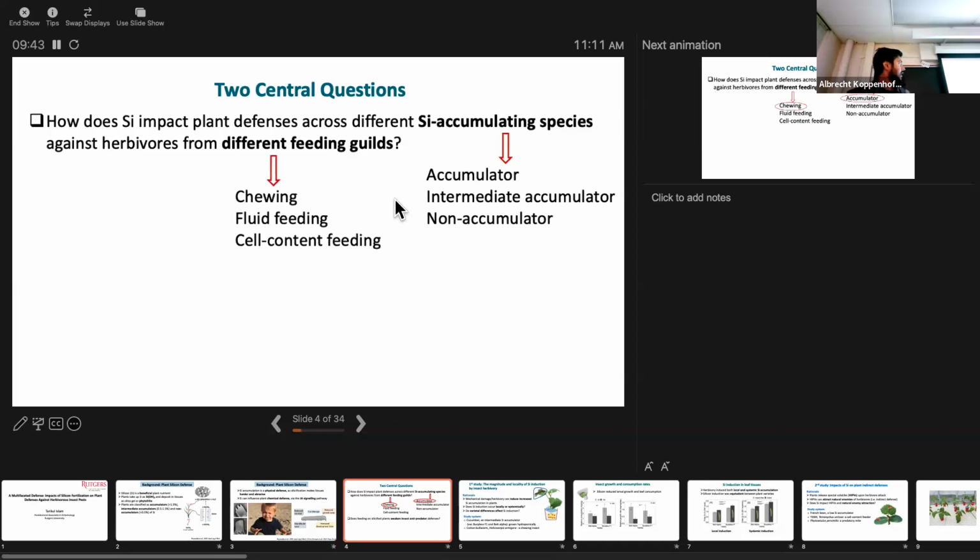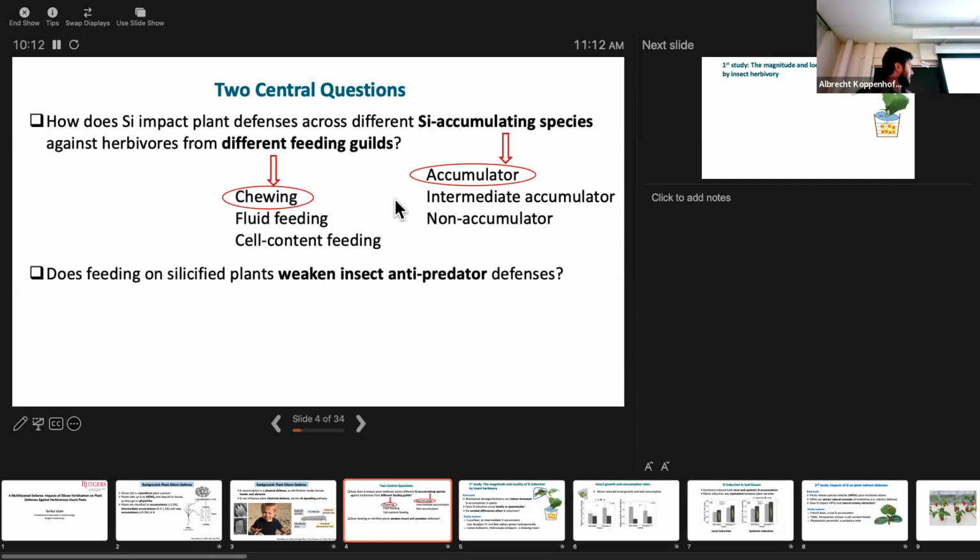And I used herbivores from different feeding guilds like chewing, fluid feeding, and cell content feeding. Previous research on silicon actually focused mostly on chewing insects and silicon-accumulating plant species, for example, grasses. So we tried to use a different study system, incorporating different silicon-accumulating species and different feeding guilds of herbivores.